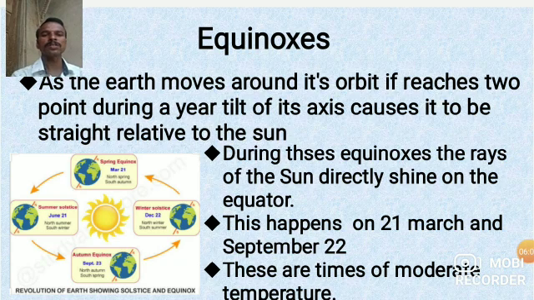During these equinoxes, this happens on 21st March and September 22. So students, on 21st March and 22 September, we experience equal day and equal night. There is no difference between the time of day and night. So these are the times of moderate temperature.